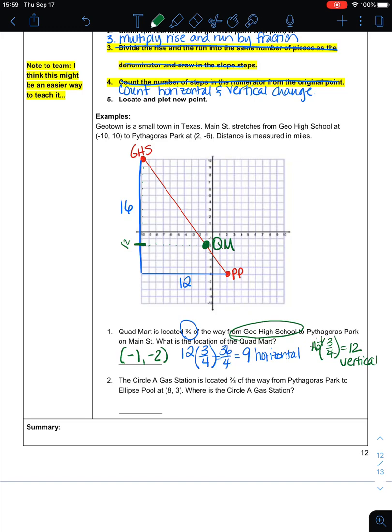Okay, same idea. A Circle A gas station is located 2/3 of the way from Pythagoras Park to Ellipse Pool, which is at 8, 3. So if I mark the pool over here at 8, 3, that is my Ellipse Pool. So now I need to work off of this line.